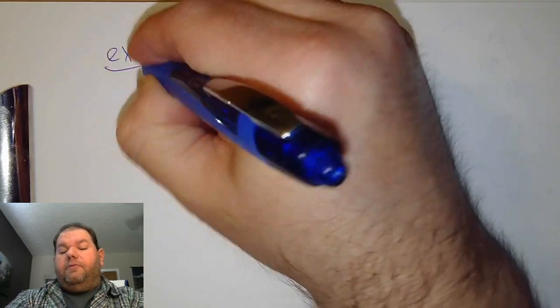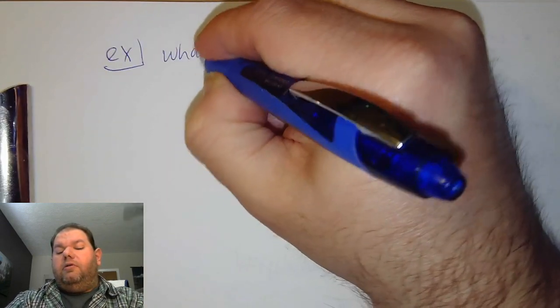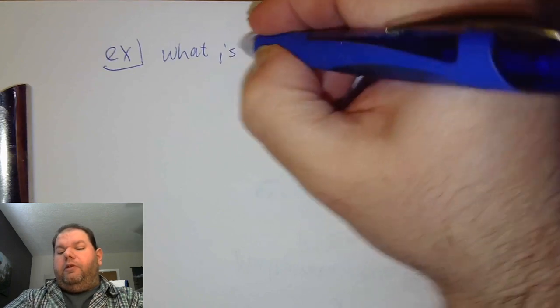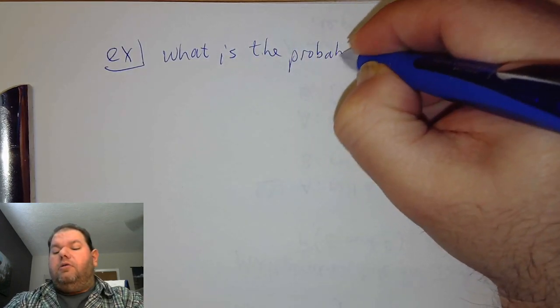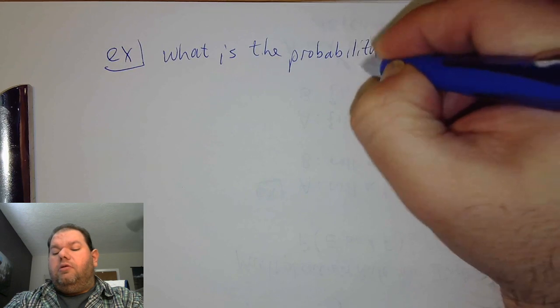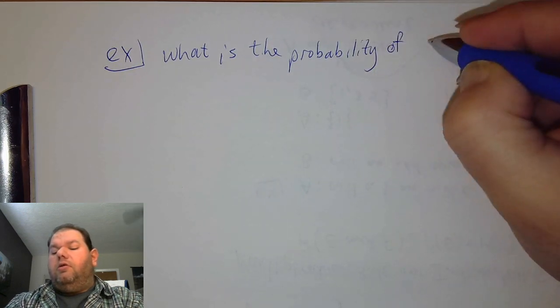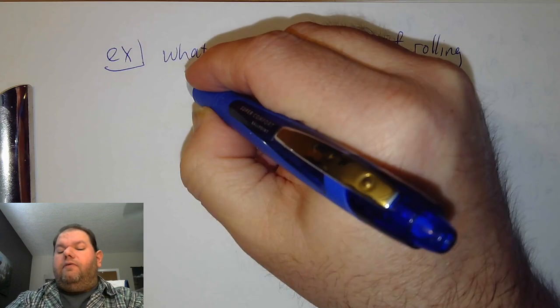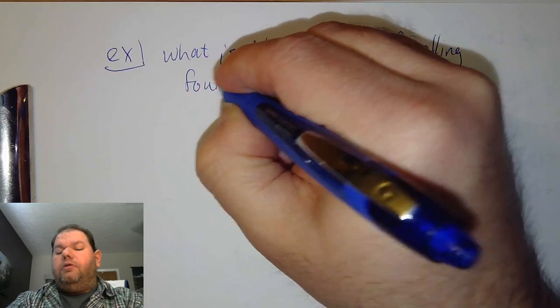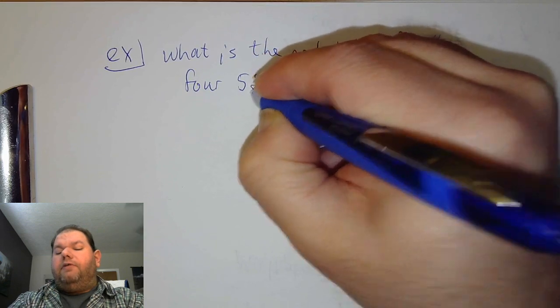So another example. What is the probability of rolling 4 5s in a row?